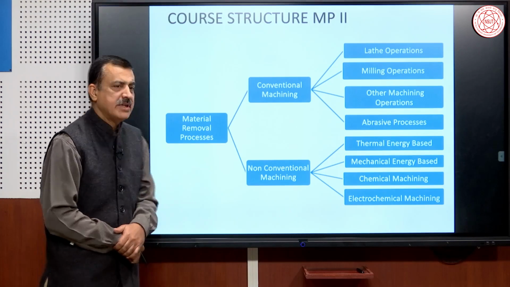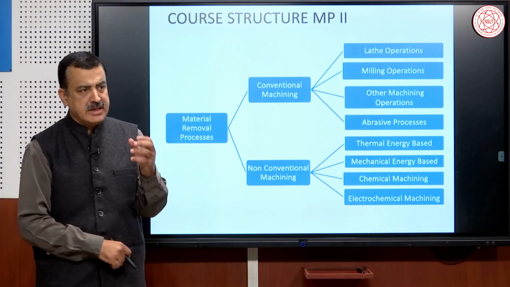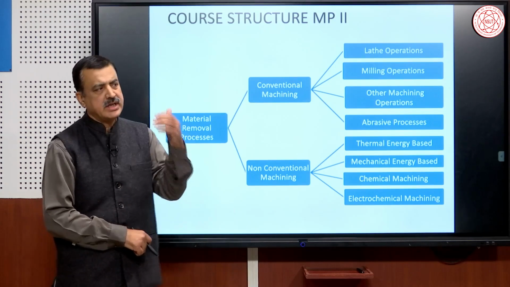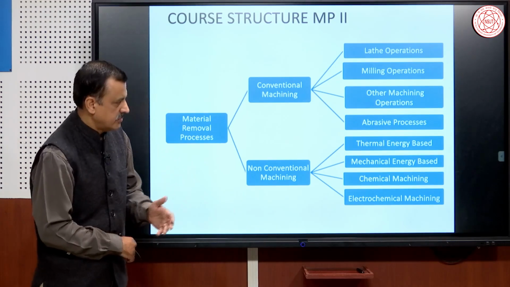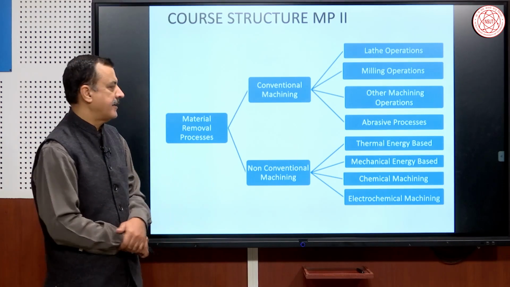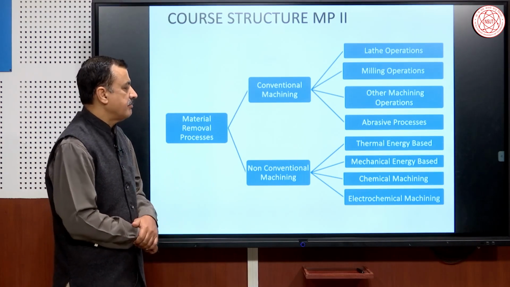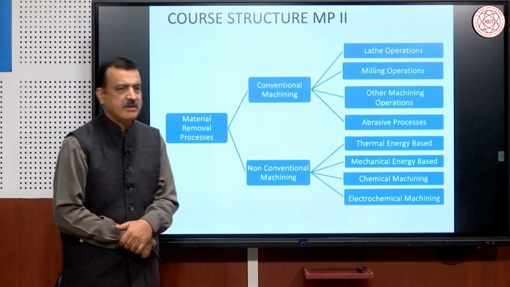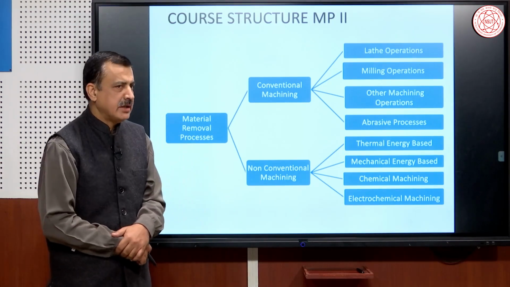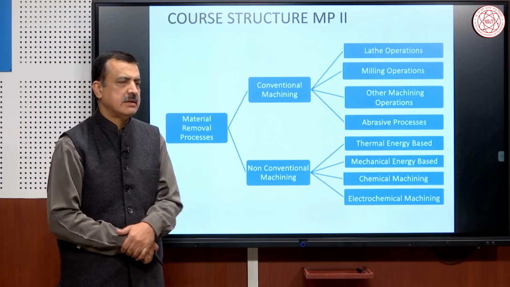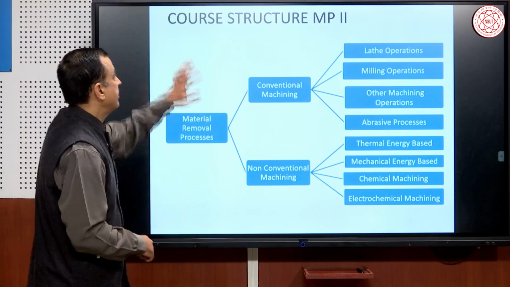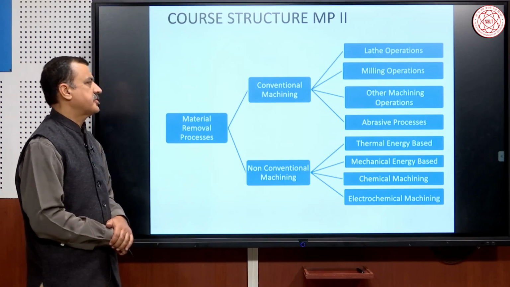Then we have chemical machining where the metal is chemically eroded by putting it in contact with suitable chemicals. Examples are chemical machining, chemical blanking, and chemical milling also. Then we have electrochemical machining where electrochemical reactions are used to remove the material from the metal to be cut. You can say it's the reverse of electroplating processes. So this is typically the course structure for Manufacturing Processes 2.